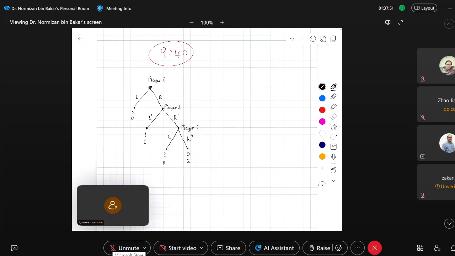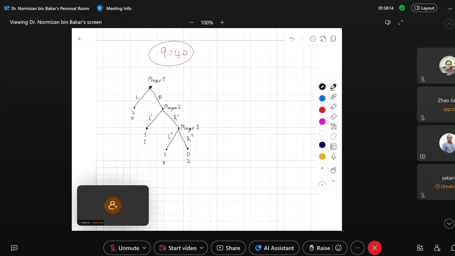Player one will choose L prime, and player two will choose L prime.